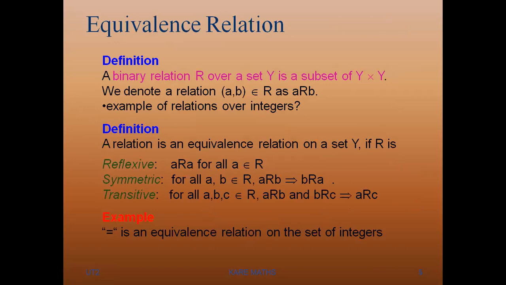Next, equivalence relation. A binary relation R over a set Y is a subset of Y cross Y. We denote A, B belongs to R as A related to B. Example, we can go for equal.